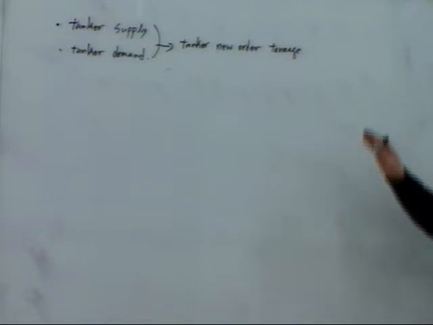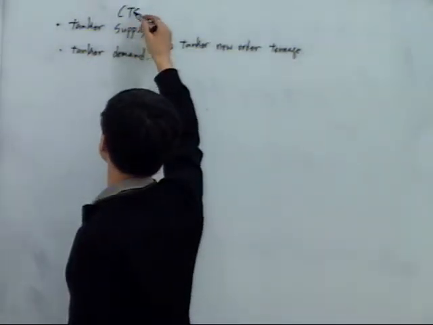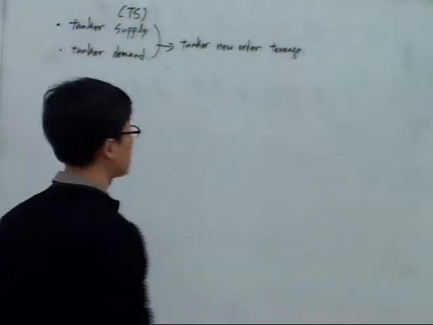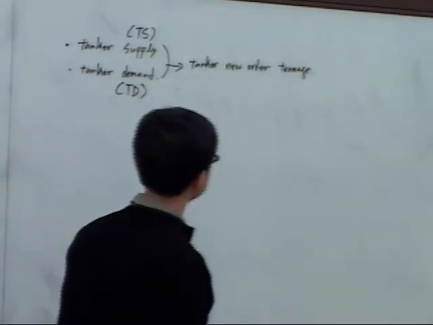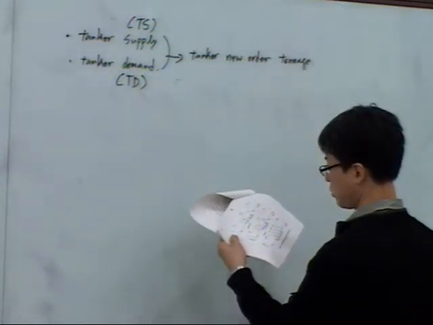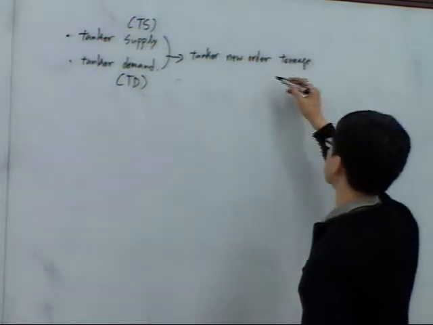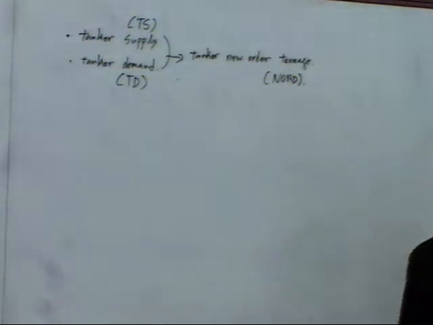Based on these two, we'd like to estimate the tanker new order tonnage. So for short, let's say this is TS, tanker supply. And let's say this is TD, tanker demand. And tanker new order tonnage, let's call it new order. Okay?